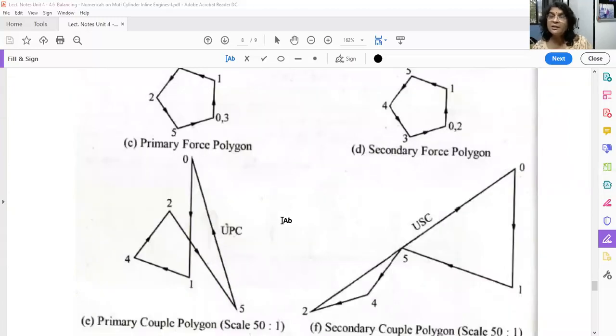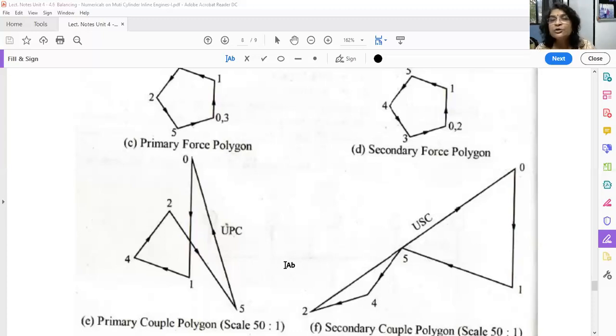And the other advantage of this firing order, taking 1, 3, 5, 2, 4 or anything, is that your heat is also balanced. The heat produced by cylinder number 1, after that 3, after that 5, then you again come to 2 and 4. So that will balance the heat generated also because of the working of this one. So there are twofold advantages. That means you can balance the engine by taking a certain firing order, or you can create a less unbalanced couple, primary and secondary, by selecting the firing order, and even the heat produced will also be balanced.